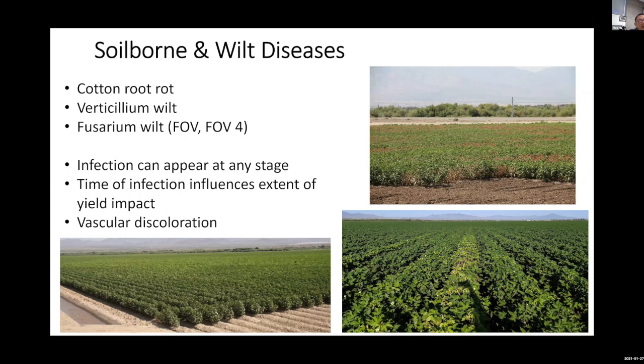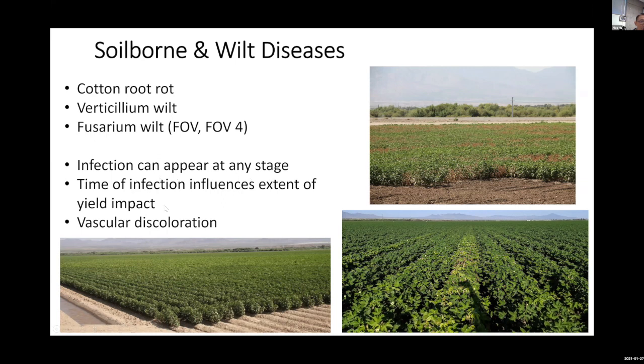We also have verticillium wilt, and you don't always see verticillium year after year, but it shows up in some years, maybe when the conditions are favorable. And we also have fusarium wilt. This is a disease that is emerging. You have FOV and FOV race 4, which is an emerging disease in the state.